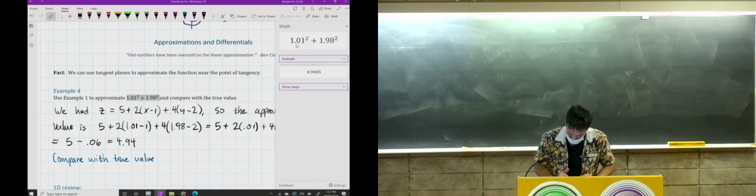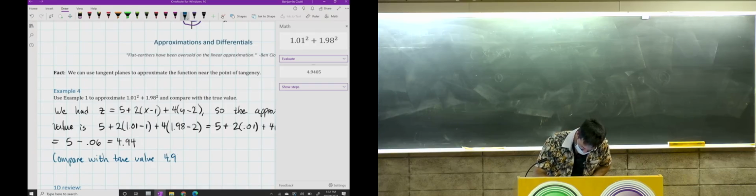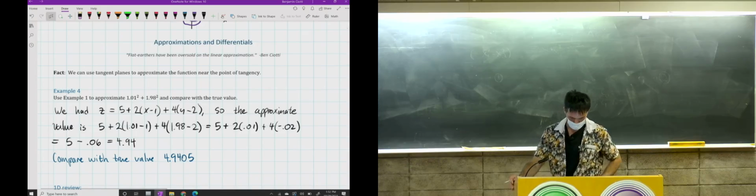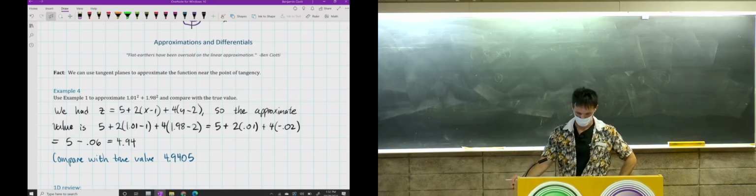It's 4.9405. So pretty close to the approximate value. You know, they were only off by 5/10,000ths.